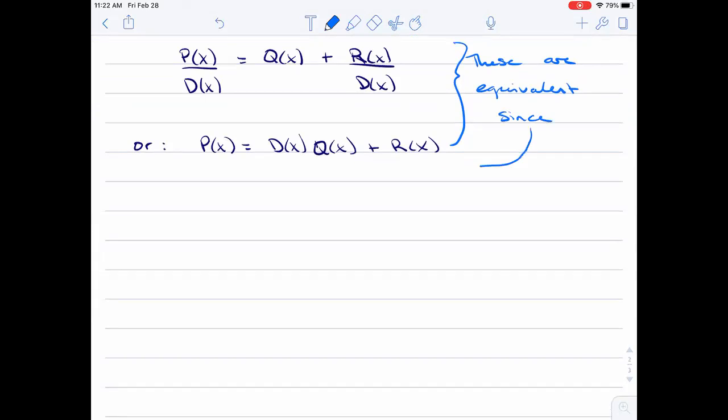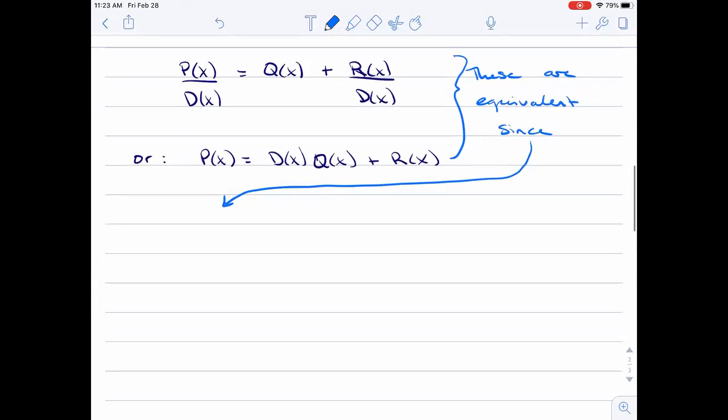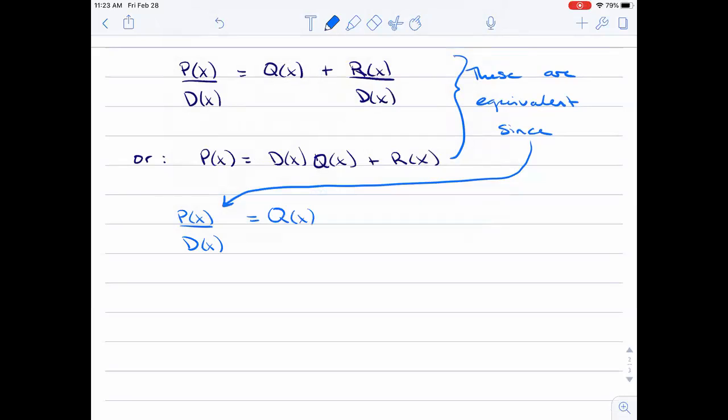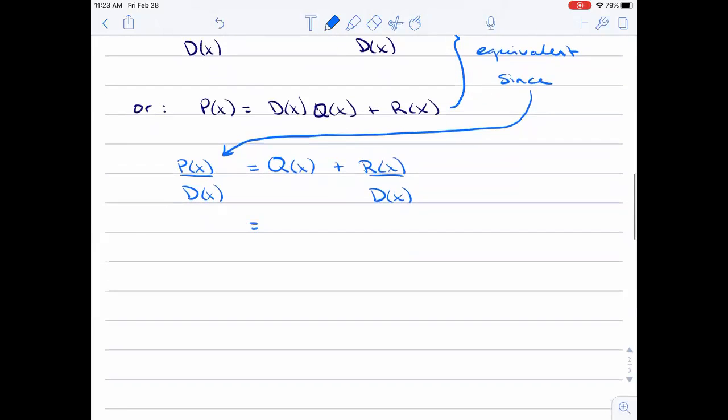And maybe I'll even justify it down here. So many arrows, crazy. Since p of x over d of x is equal to q of x plus r of x over d of x, that's the same as p of x and then d of x times all of that, q of x plus r of x over d of x.